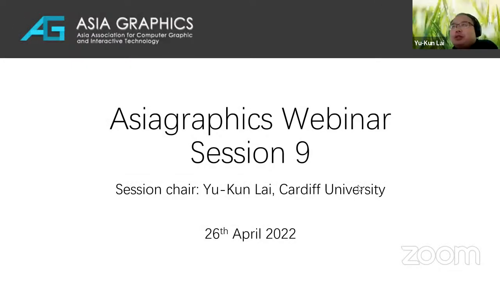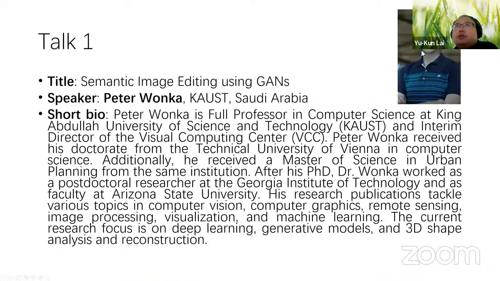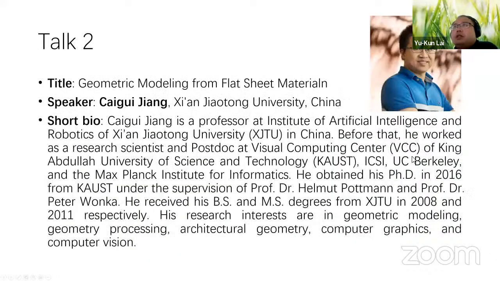I think I probably should have shared my screen. I think I kind of missed out how to do it last time around. Yeah, so just a quick overview of this webinar session 9. The second talk will be given by Professor Taegui Zhang from Xi'an University. So this is a quick overview of the speaker. Taegui Zhang is a professor at Xi'an University.